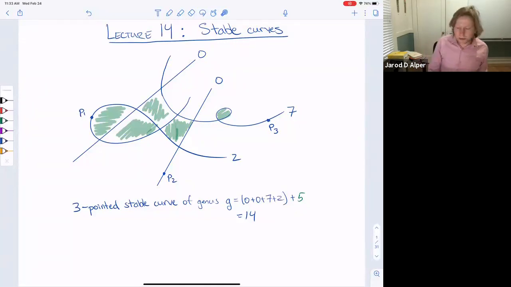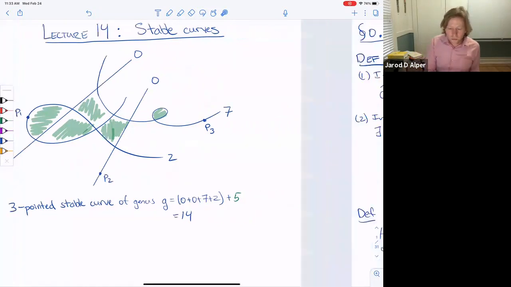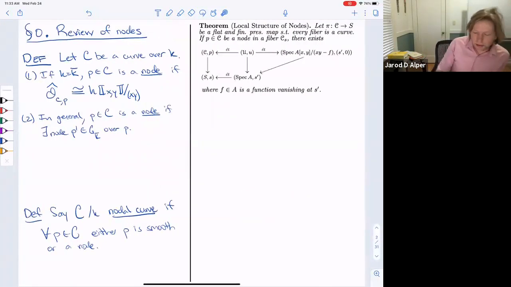Right, but before we can introduce stable curves, I want to give a quick refresher on our definitions. So let's just review properties of nodes. Last time we introduced, so here C is a curve over a field.